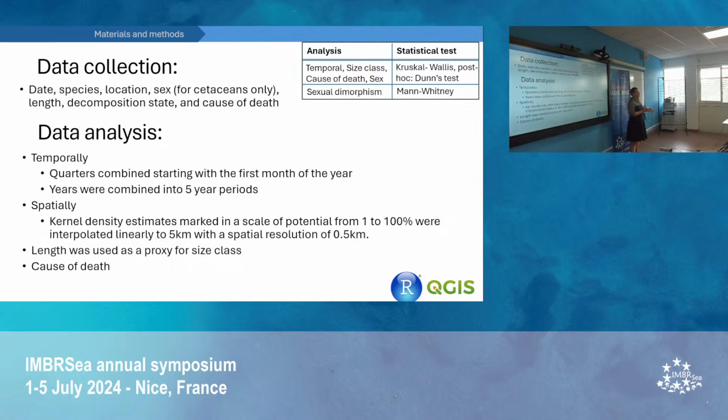And the cause of death was first divided up into 3 categories for cetaceans, which is unidentified, natural, and anthropogenic or man-made causes. And for sea turtles, 2 causes, unidentified and anthropogenic. And then these causes were further subdivided where possible, such that anthropogenic was then divided into things such as bycatch, probable bycatch, trauma, and collision, and natural as well.